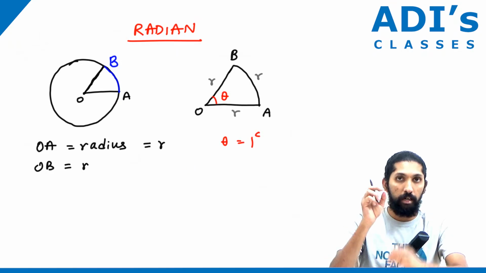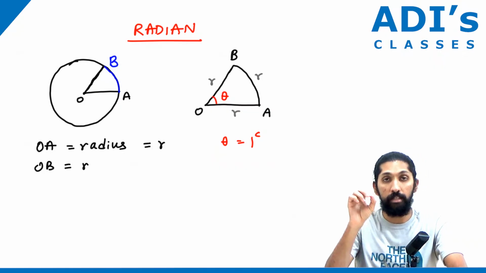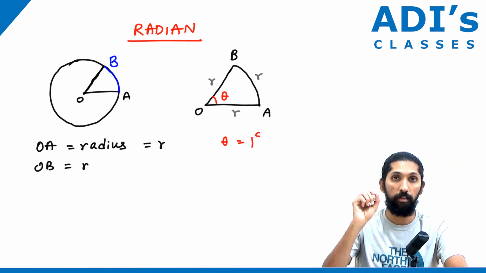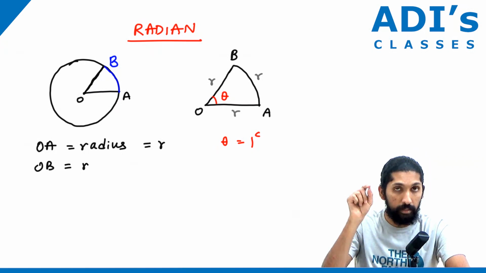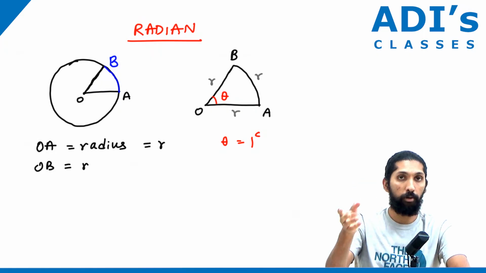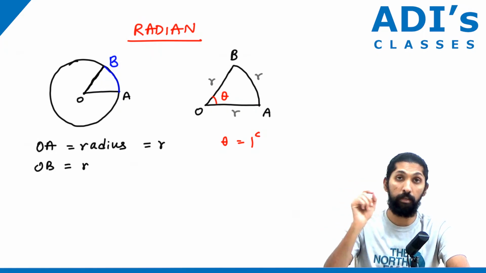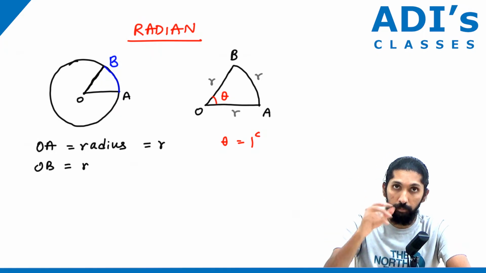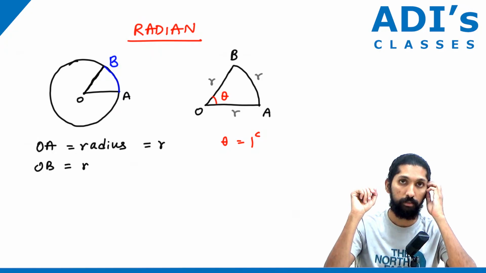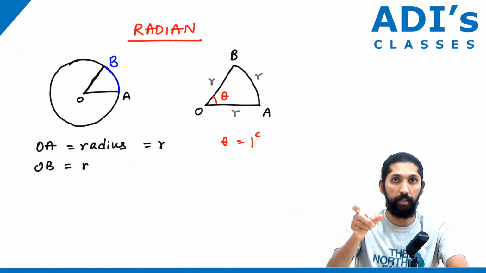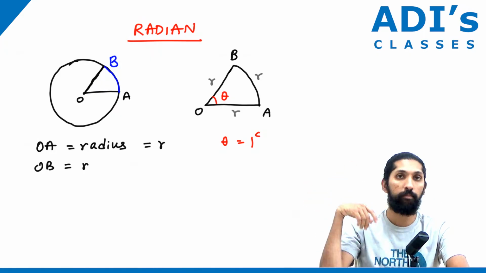In the sense, a radian is that angle subtended at the center of the circle where the arc length is equal to the length of the radius. Now, think about it. Whatever might be the radius, let it be 1 millimeter or 1 kilometer, the angle is going to be the same, isn't it? If you take a 1 millimeter radius, the arc length will also be 1 millimeter.